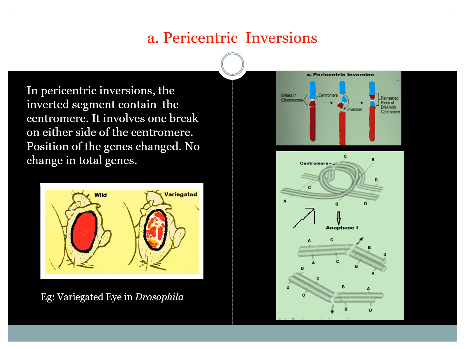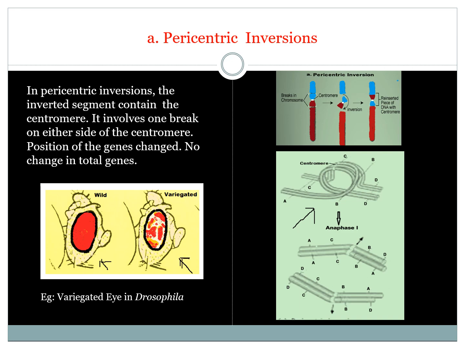An example for these is the variegated eye in Drosophila. In the normal species, the eye is red or white in color, but due to the rearrangement of the genes, the eye becomes variegated. That means white and red patches are seen on the eye of the Drosophila. See here, this is the variegated eye. This one is the normal one.